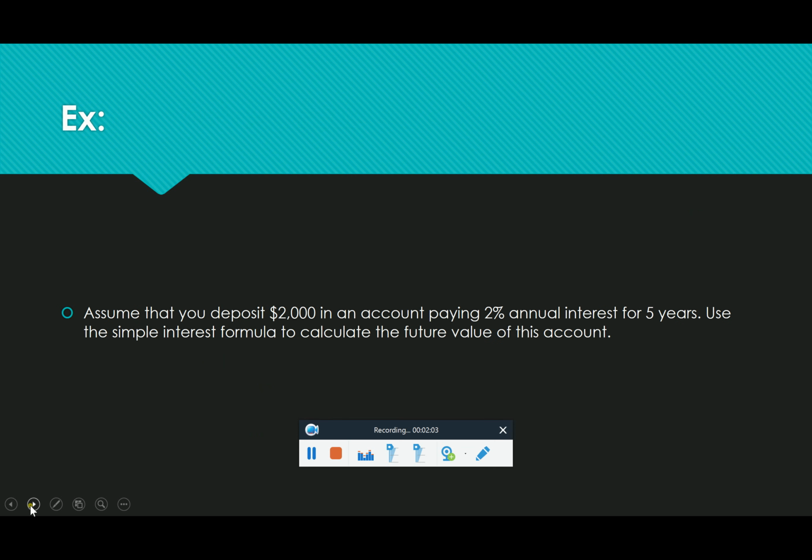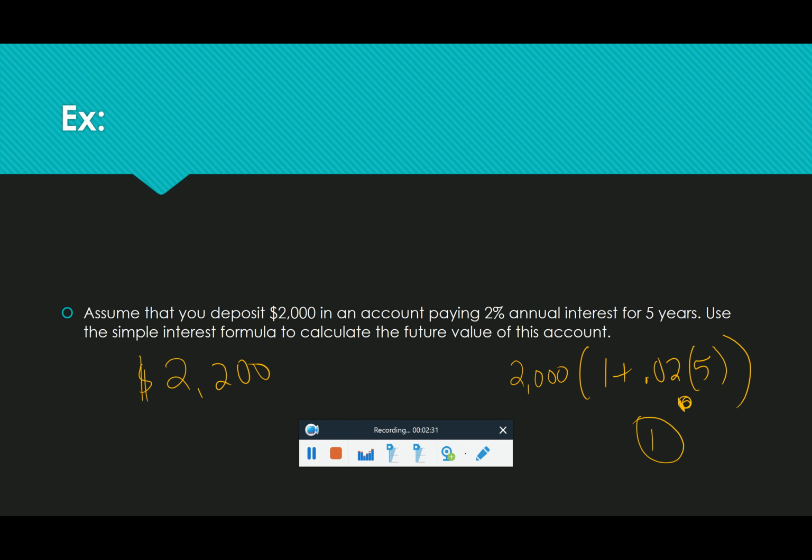So assume that you deposit $2,000, so that's your P, and your rate is 2%, so that's 0.02, and T is 5. The hardest thing to remember is to do what's in parentheses first.